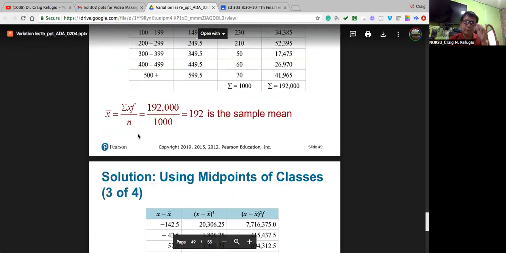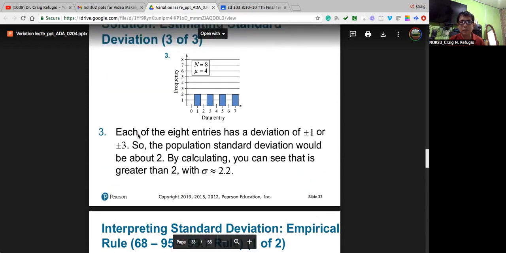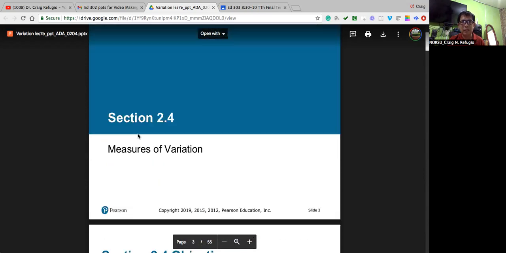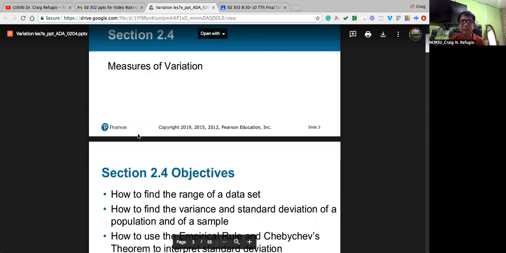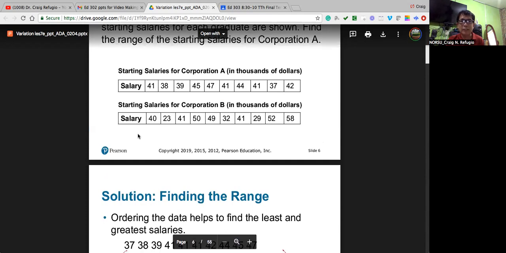And then the other assignment that you are going to do is about this. If you look at this kind of data, I would like you to calculate the sample mean. Consider the starting salaries for Corporation B in thousands of dollars.